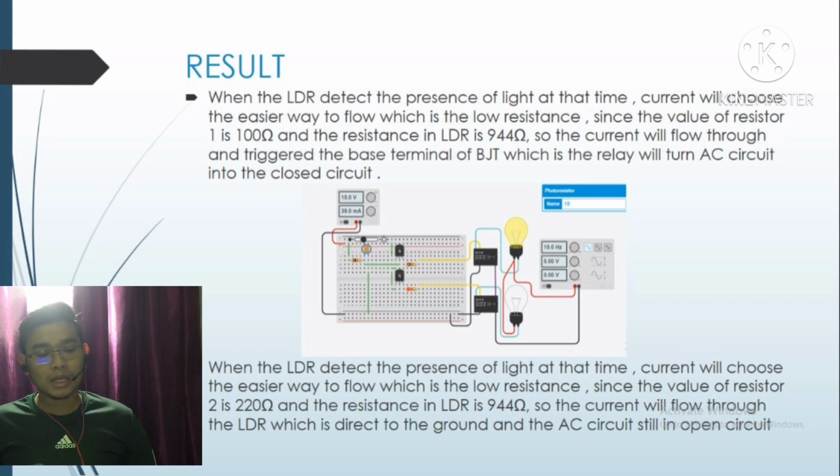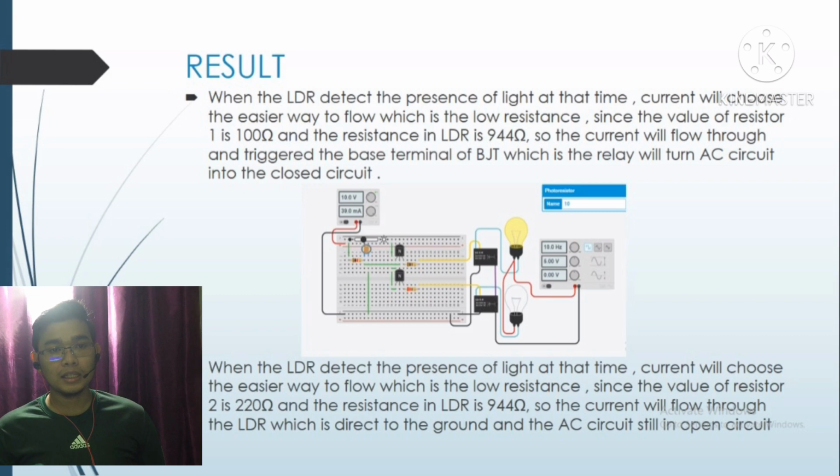The first one, when the LDR detects the presence of light, current will choose the easier way to flow, which is the low resistance. Since the value of resistor 1 is 100 ohm and the resistance in the LDR is 944 ohm, the current will flow through and trigger the base terminal of the BJT, and the relay will turn the AC circuit into a closed circuit. That is why the bulb in the path of resistor 1 is turned on.